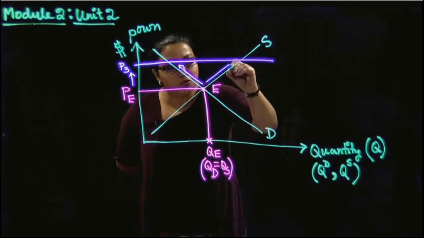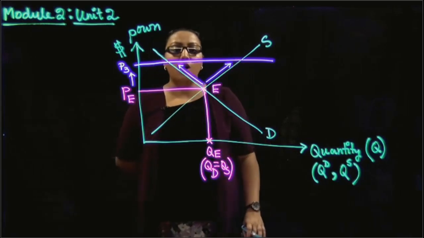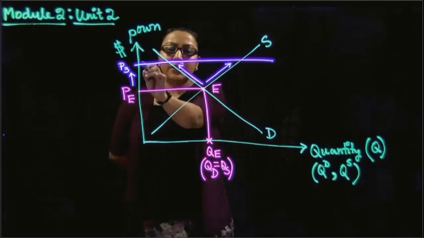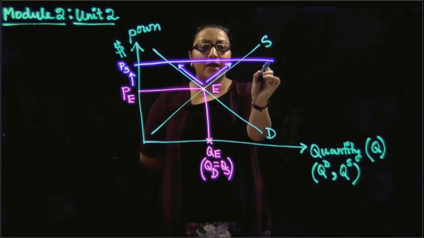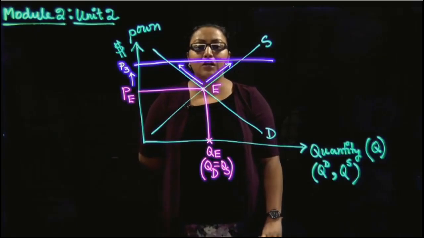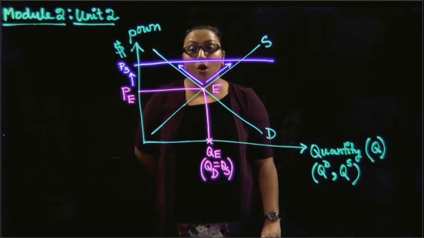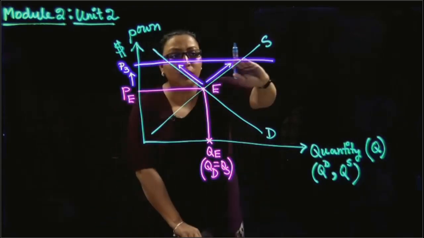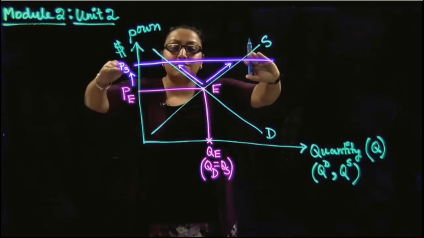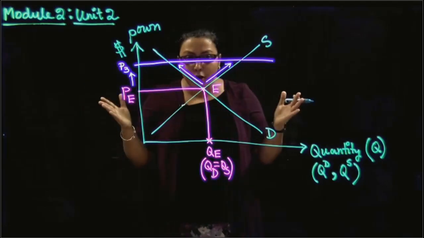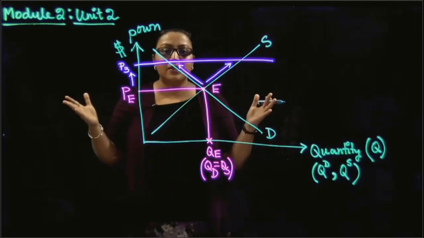You would see a movement in the upward direction along the supply curve. Now please note, along this blue line, you can no longer see a unique point of intersection between the demand and the supply curve. Or in other words, along the blue line, that is at price level P3, there is no point of agreement between the buyers and the sellers.